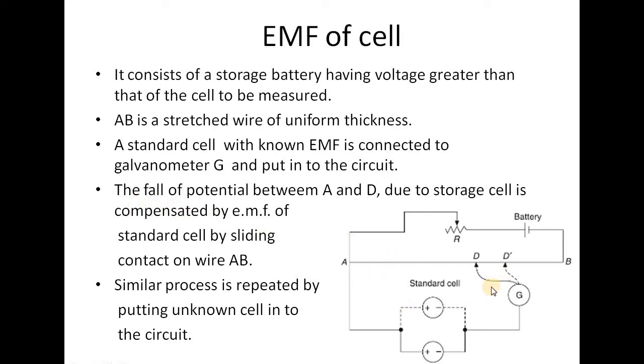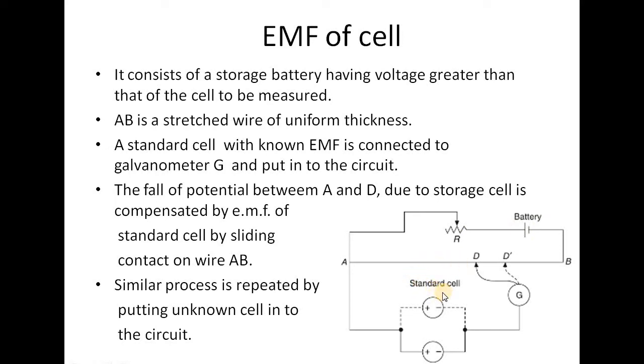Now we move the sliding contact until the fall of potential between these two points is compensated by the EMF of the standard cell. So at points A and D, when the sliding contact is at point D, the EMF of the standard cell is compensating the fall of potential due to the battery.